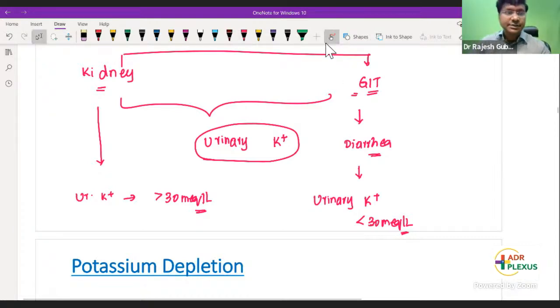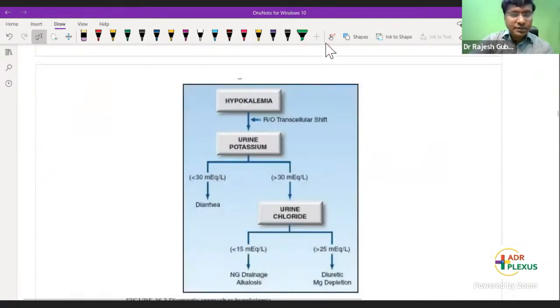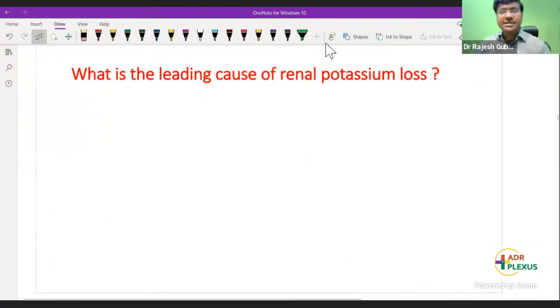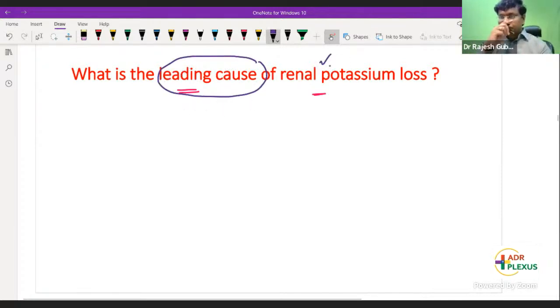Okay, next. What is the leading cause of renal potassium loss? Can anyone answer this? The leading cause of renal potassium loss is diuretic therapy, mainly loop diuretics.